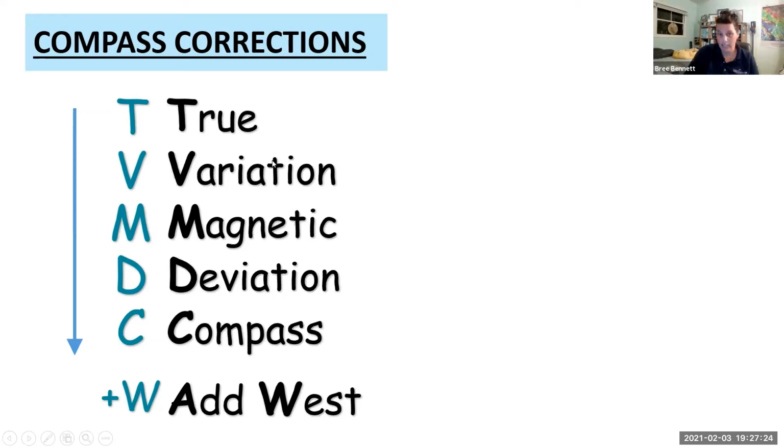Apply your variation. And then you get what the magnetic heading or bearing is. And then you're going to apply deviation to see what your compass is reading on board. So that true is that geographic true north. The magnetic is where that magnetic North Pole is. And the compass is the compass on your boat.